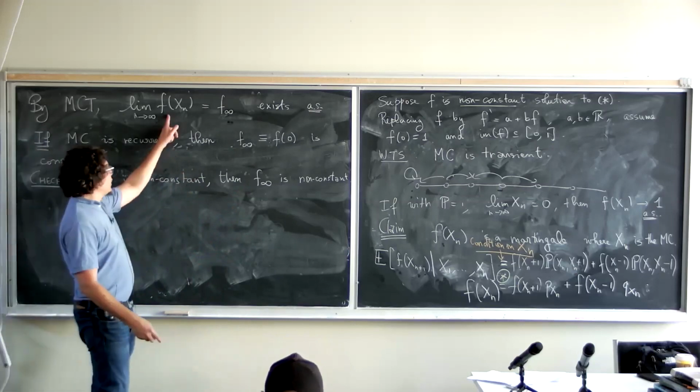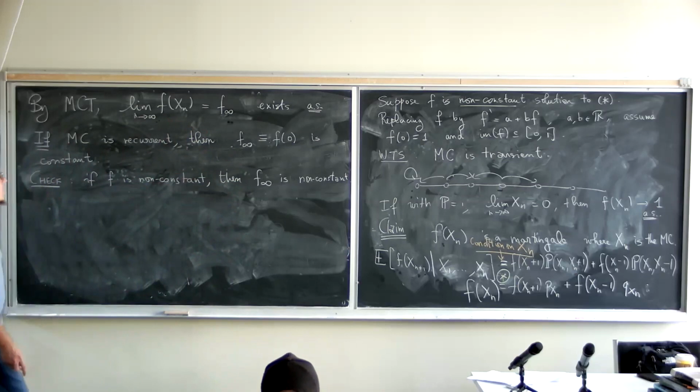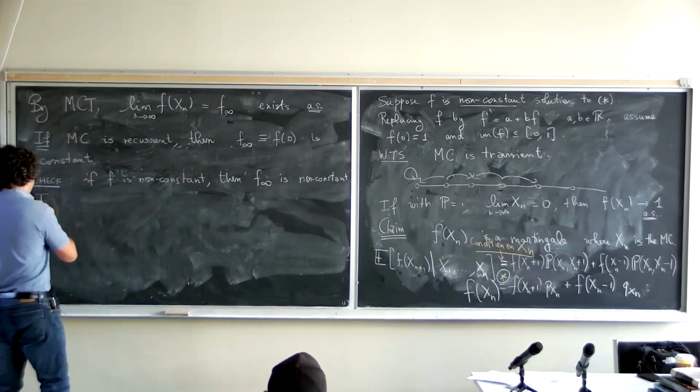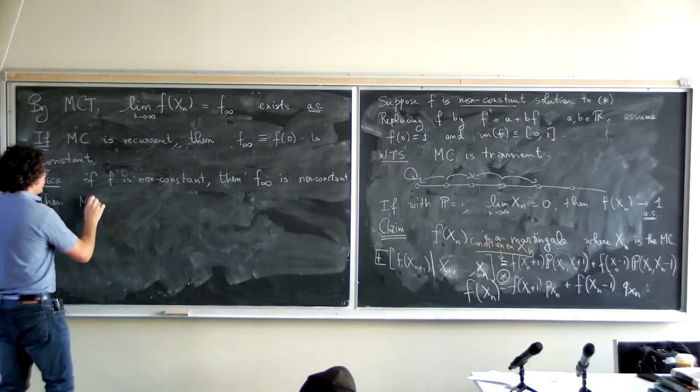But since we started with some function which is non-constant, the limit will also be non-constant, and so from this, you would say that the Markov chain is transient.